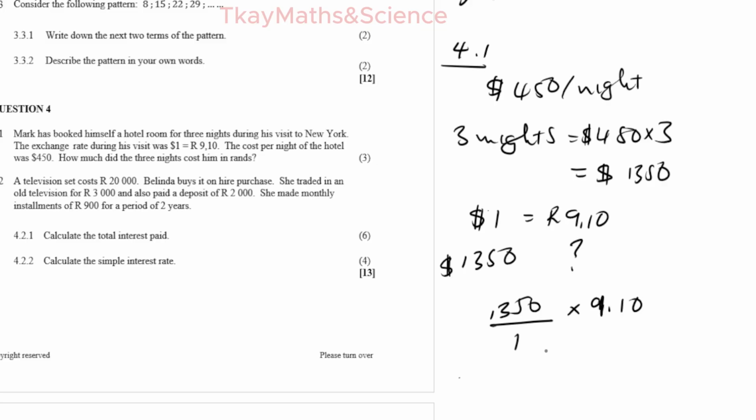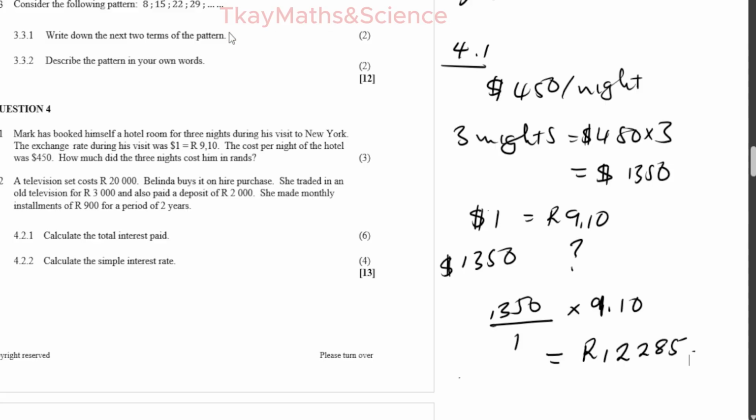So now that will give us a total of 12,285 rands. Okay, so that is the total you paid for the 3 nights in rands.